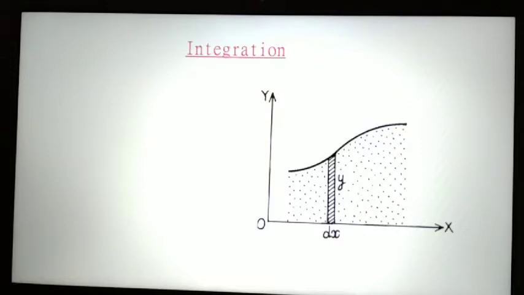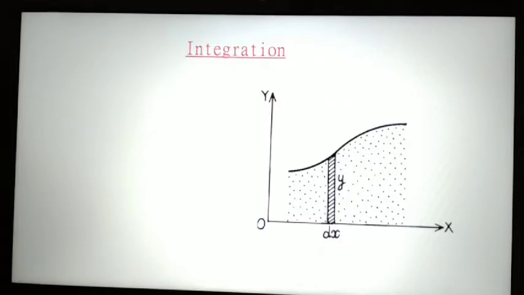When you consider the first strip at the left extreme, the corresponding y value will be y1, and the area will be y1 into dx. The next strip will be y2 into dx, y3 into dx, up to, if there are n strips, yn into dx at the right extreme.